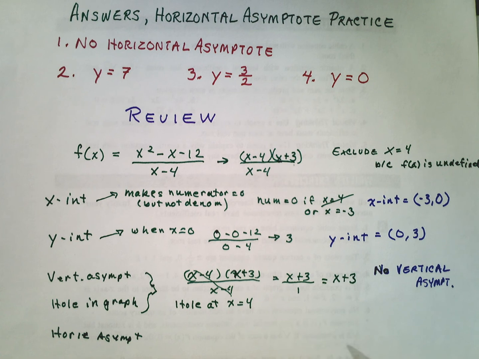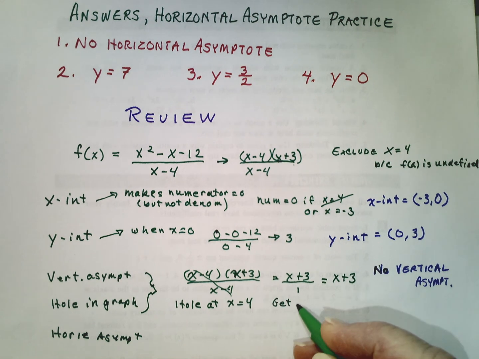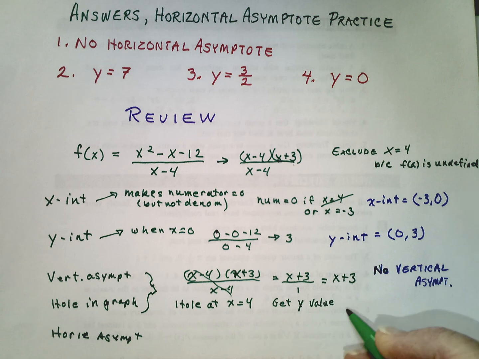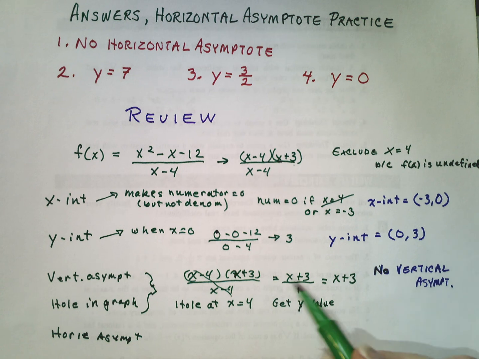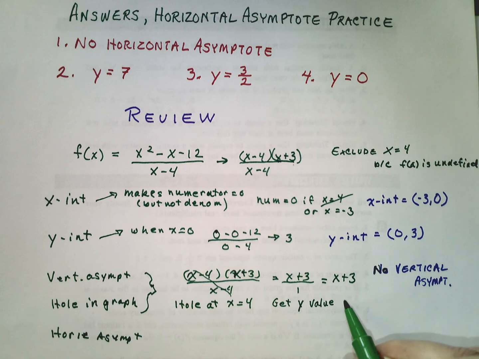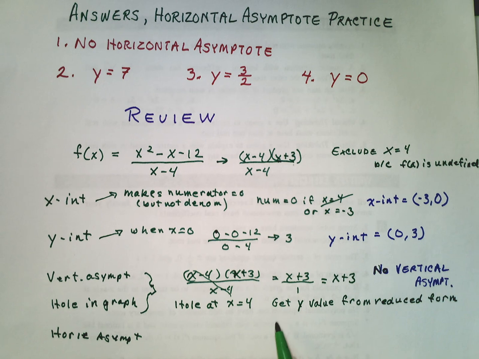We need to find the y value. And we're going to get the y value by putting x equals 4 into the reduced fraction. So the reduced form is just x plus 3.